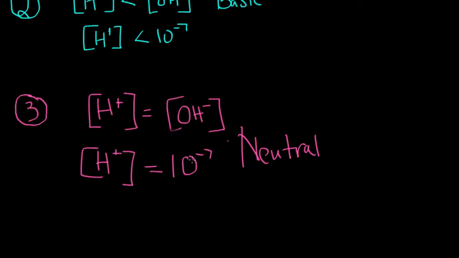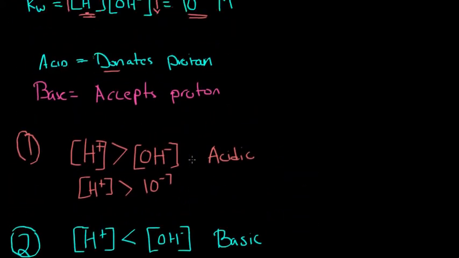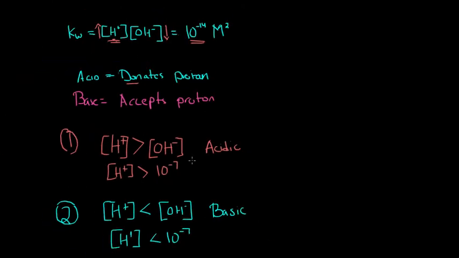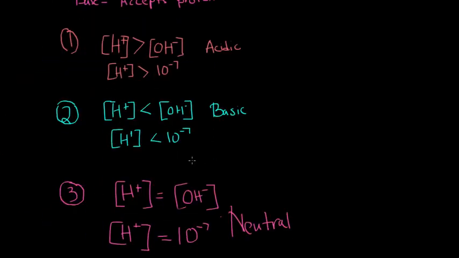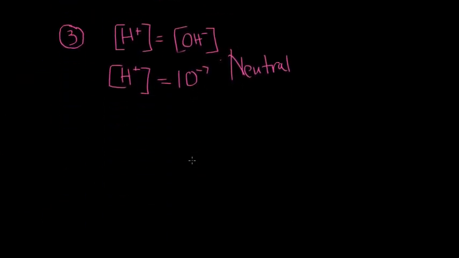This all makes sense, but when I first heard about this, I had a really difficult time wrapping my head around the idea that the Kw never changed, that somehow it always remained 10 to the negative 14.